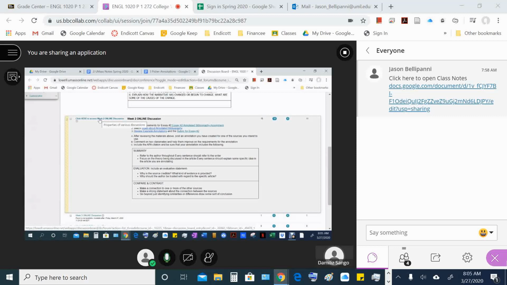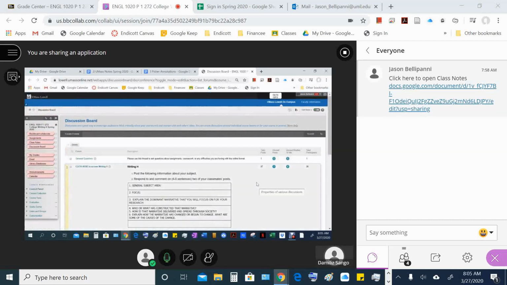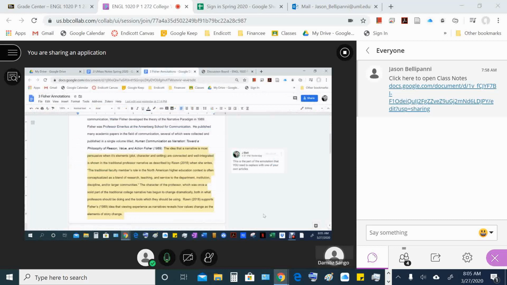I'll be just looking over, and I can make comments on them, and they'll mostly be useful in general. Like I'll say, you want to make sure in general you should do this or add this, so you can apply that to the other annotations that you have to do for the final document that's due.